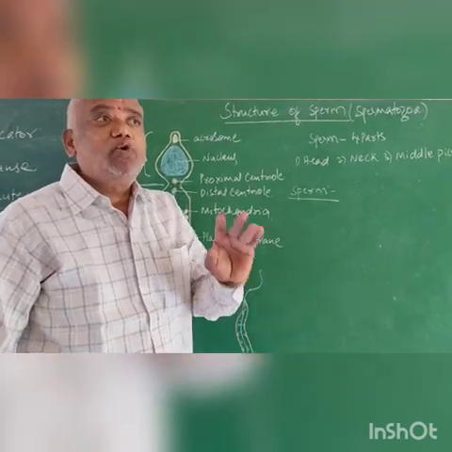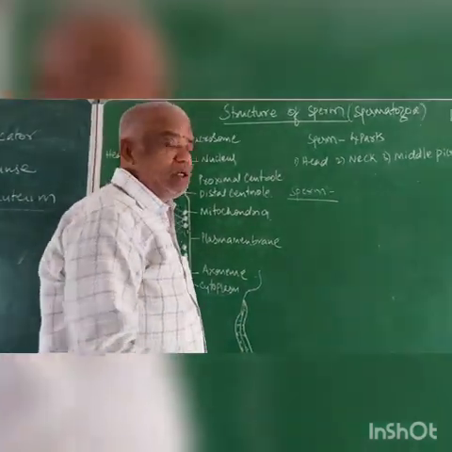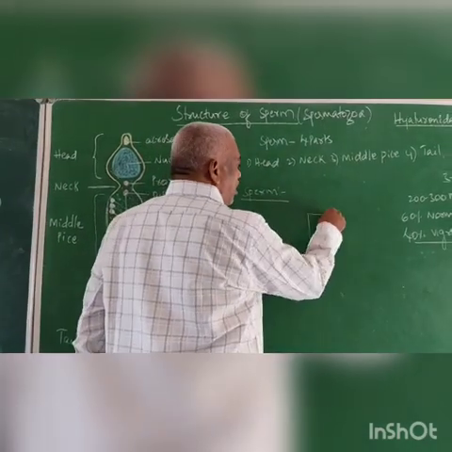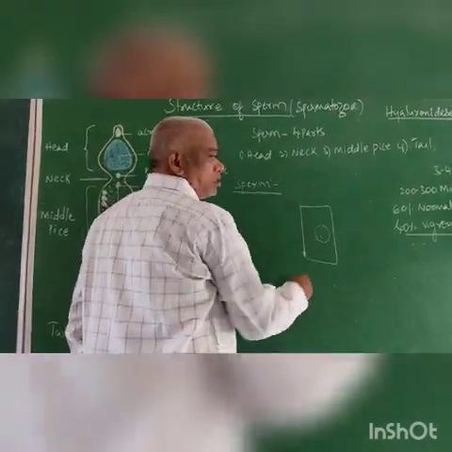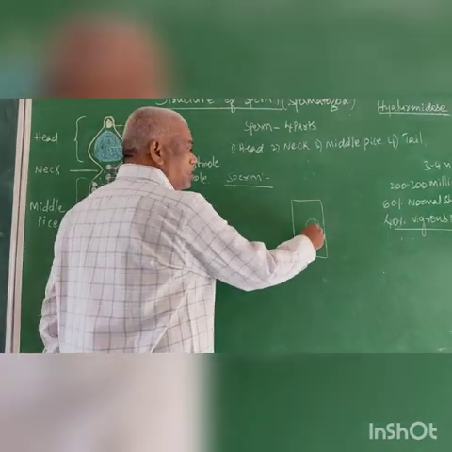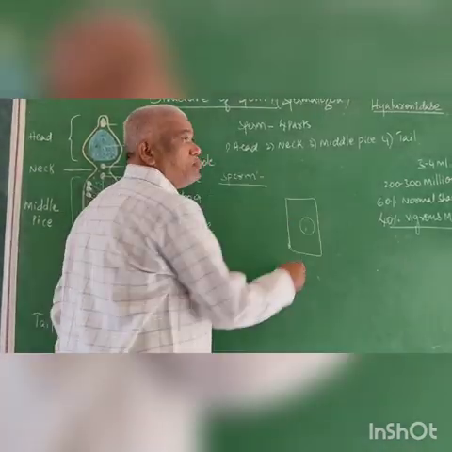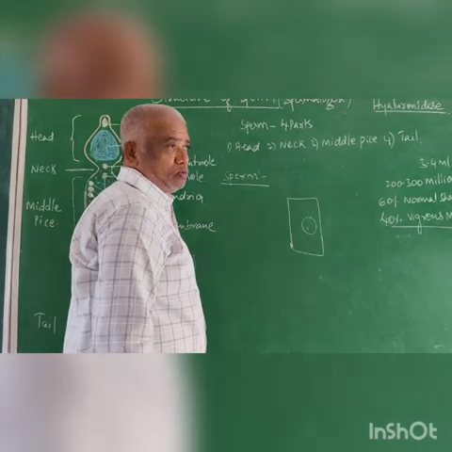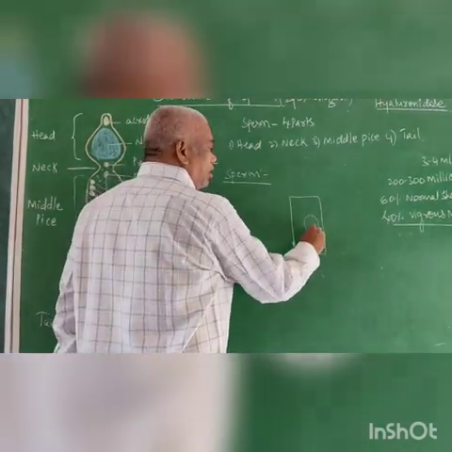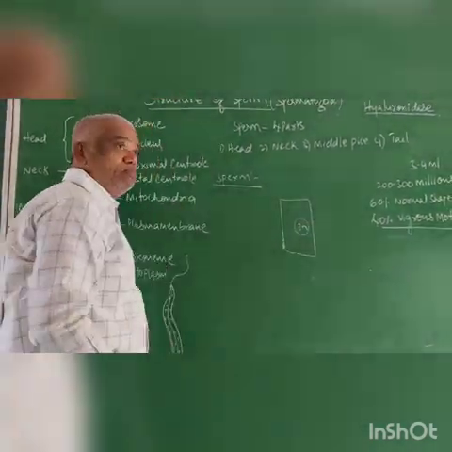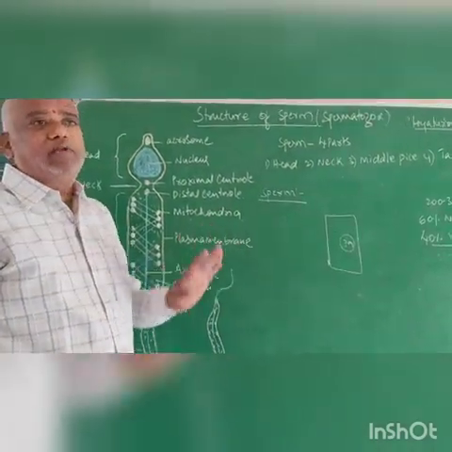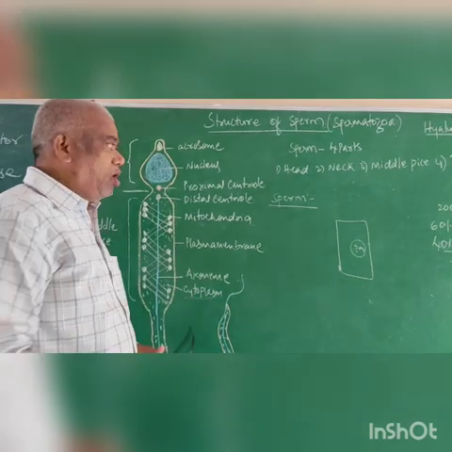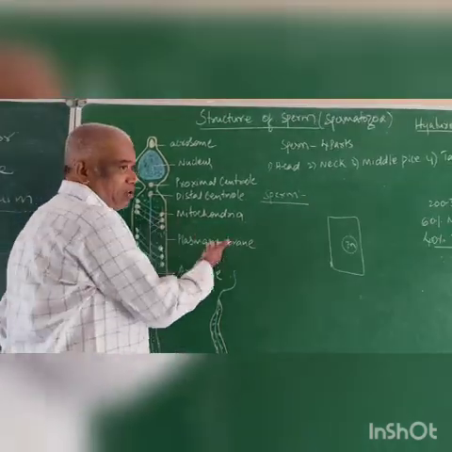It has a nucleus, and inside the nucleus there is genetic material, the chromosomes. A normal cell is diploid, but the sperm is a haploid cell. Yes, it is cell level.